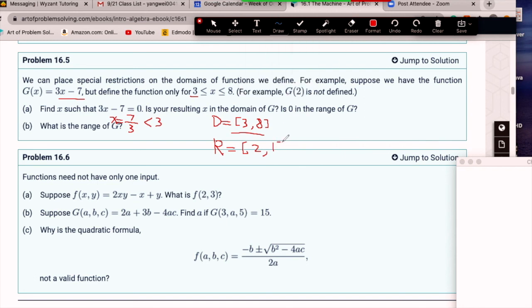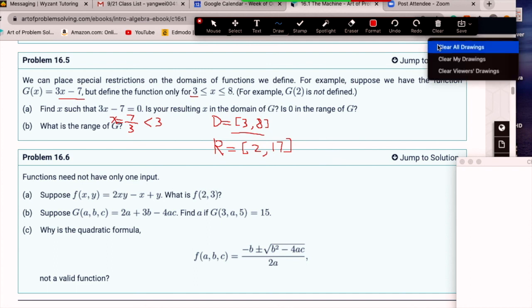So the range of this function is 2 to 17. We also need to use square brackets because these two endpoints are included in the range, just as 3 and 8 are included in the domain. That's the reason we use square brackets.